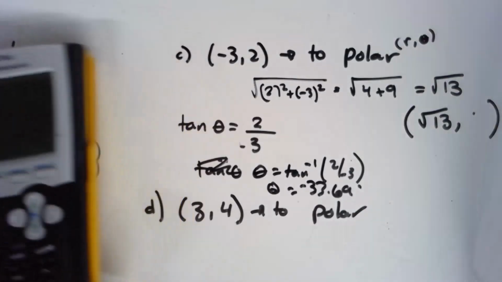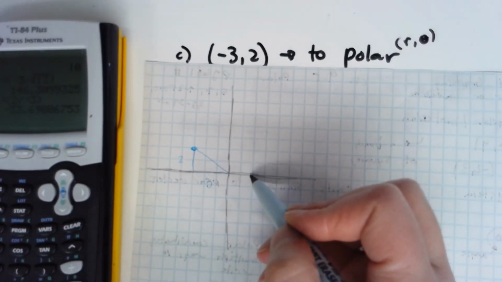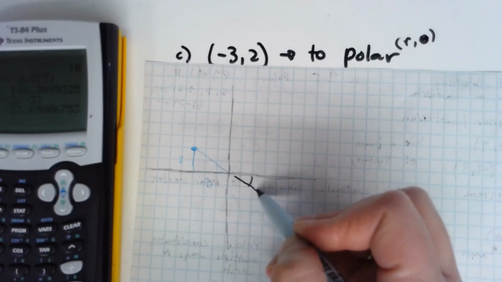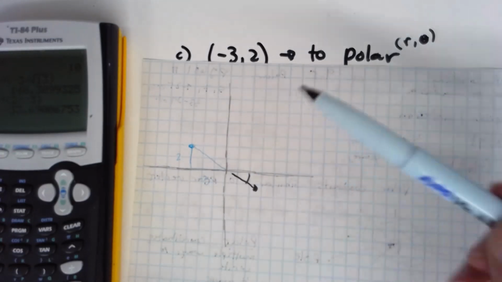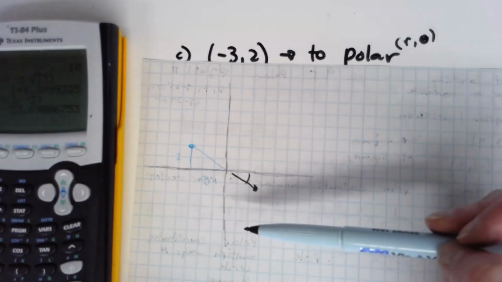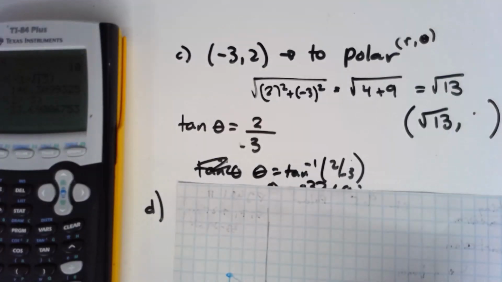Now let's think about this. On this graph, negative 33 is actually somewhere over here. We want quadrant 2. So tangent only works for quadrant 1 and 4 because of the domain restrictions. So I could just take this and move it 180 degrees, right?